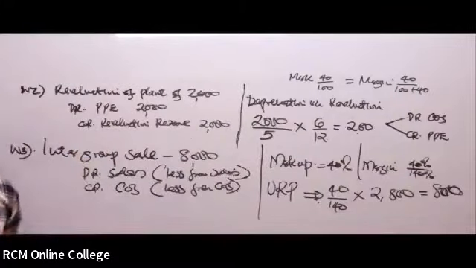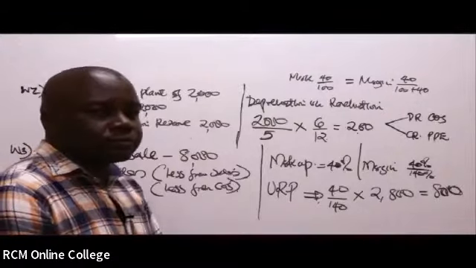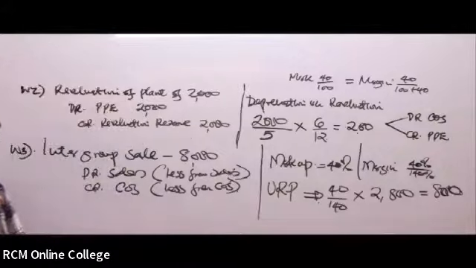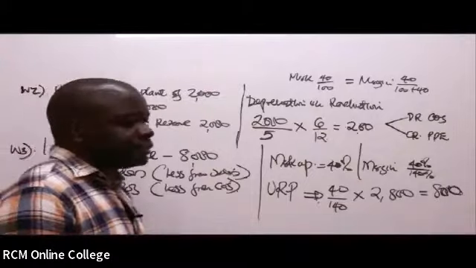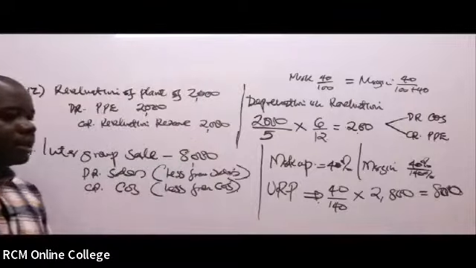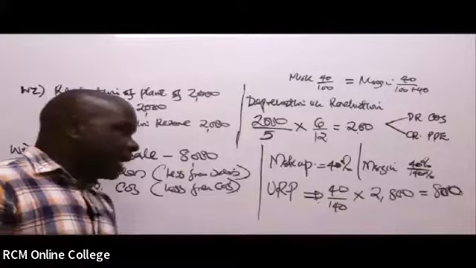Maybe someone can try. So the unrealized profit, how do you deal with it? On the closing stock, the unrealized profit on the closing stock, the URP. You'll add where? You'll add on the cost of sales.